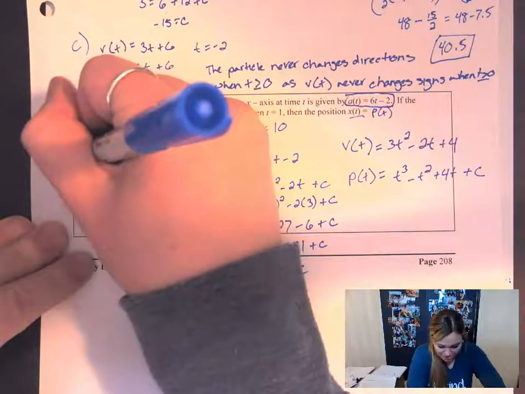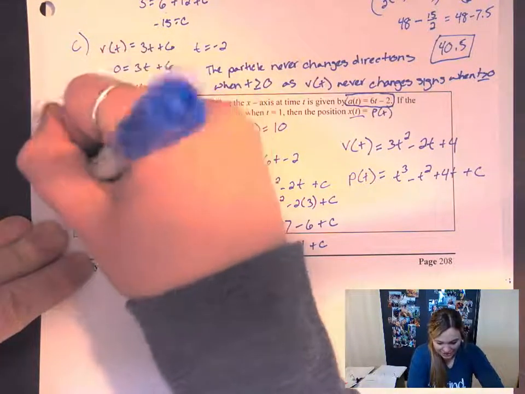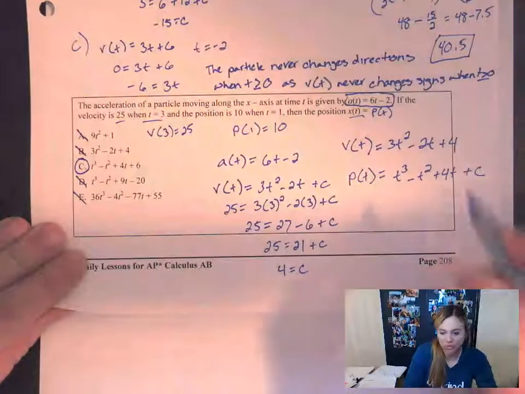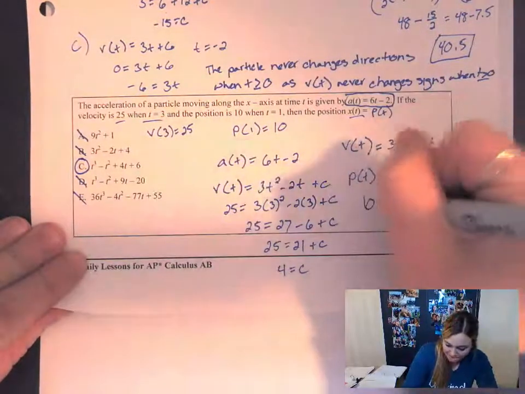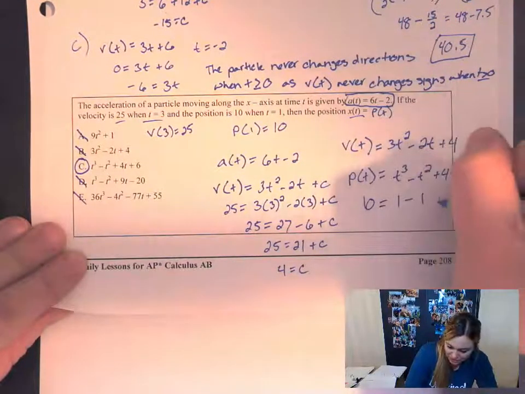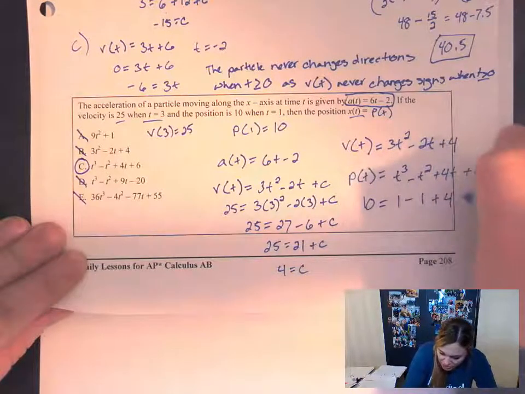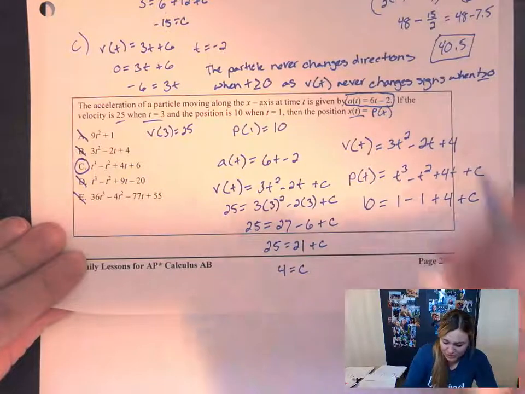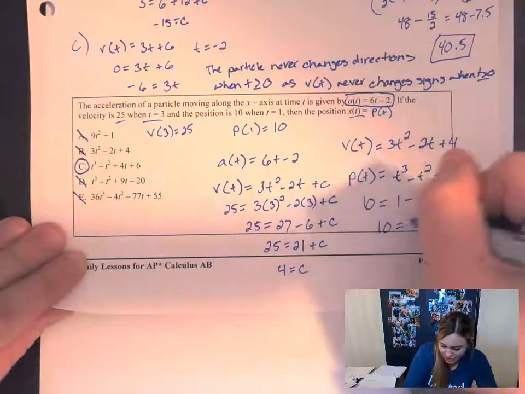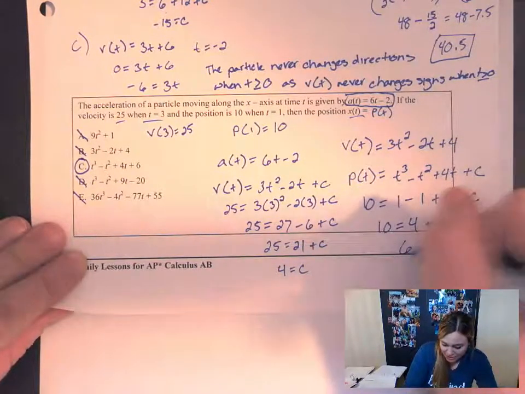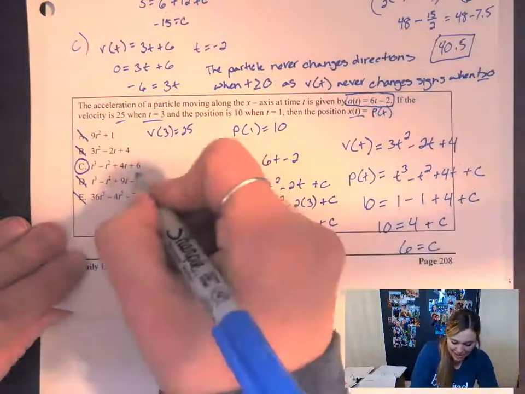But if you want to be really sure, you can say p of 1 is 10. 1 minus 1 plus 4 plus c. This would be 0. 10 is equal to 4 plus c. 6 is equal to c. Hey, we got it anyway.